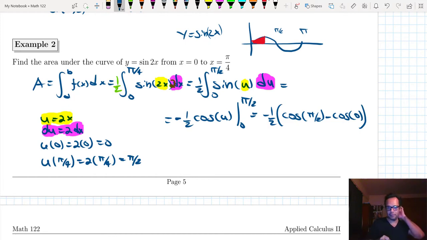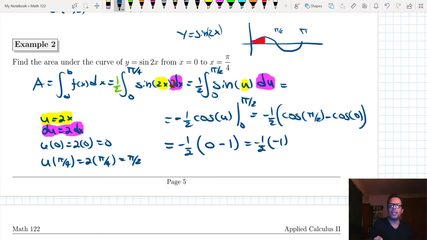All right, so what are we going to get? Negative 1/2 times the cosine of pi over 2. We have that from either the table from a couple sections ago or the unit circle. Cosine of pi over 2 is 0, minus cosine of 0, which is 1. Okay, so 0 minus 1 is negative 1. Negative times a negative is positive 1/2. All right, so 1/2 is the area under this curve.